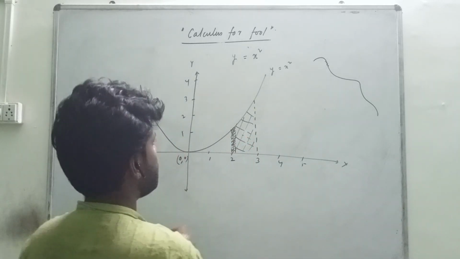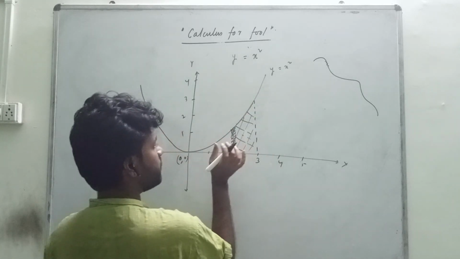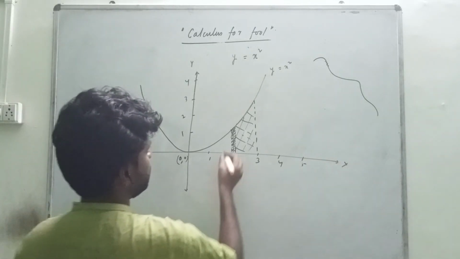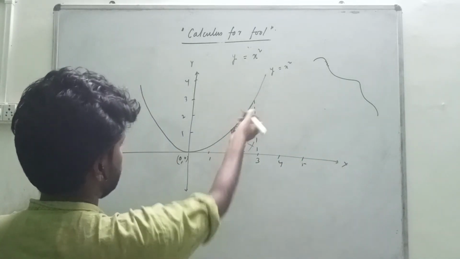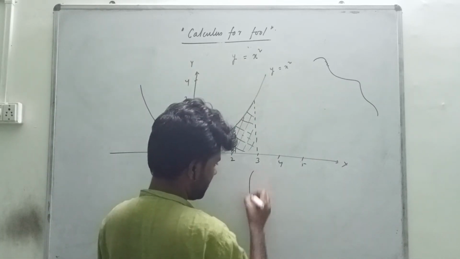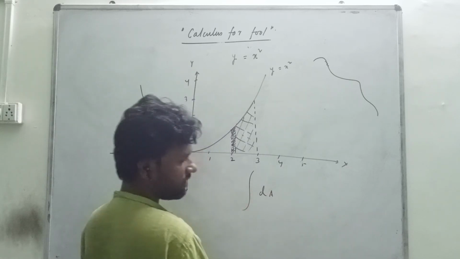So just break this whole area into very small pieces and add these very small pieces of area, right? So what you will do? Just a simple sum of little bits of area.